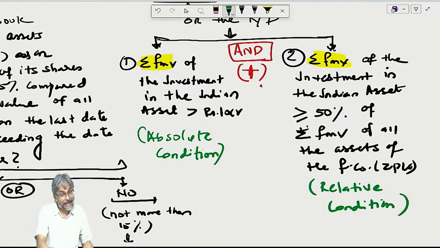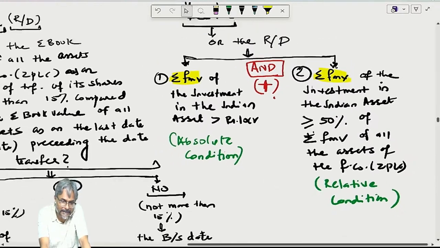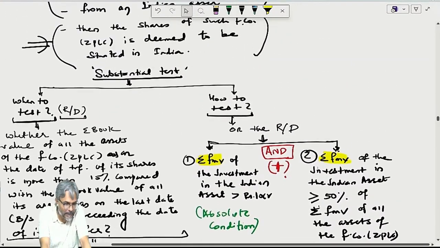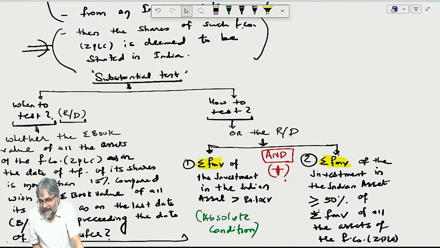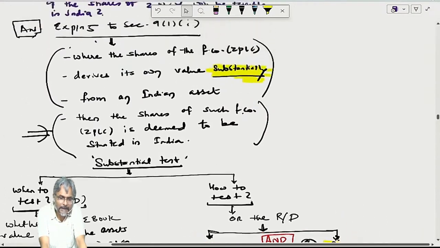And if that is the case, then the location of the shares of ZPLC is situated where? In India. Is that clear to all of you? Every one of you? And that exactly is the point. If you are all clear with this, let us assume this condition is satisfied. Then the conclusion will also follow. What is the conclusion?